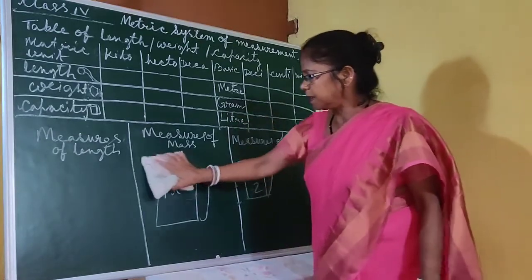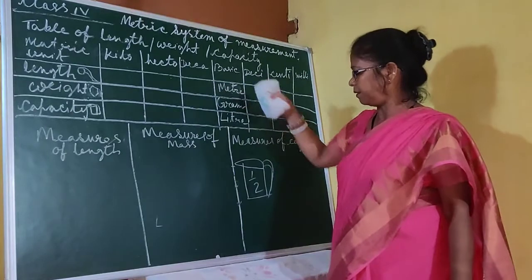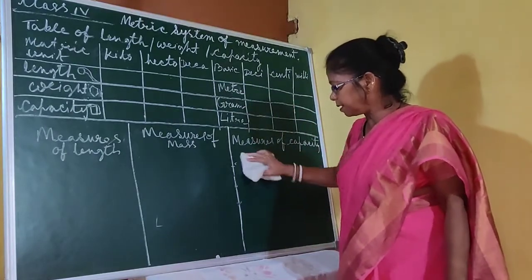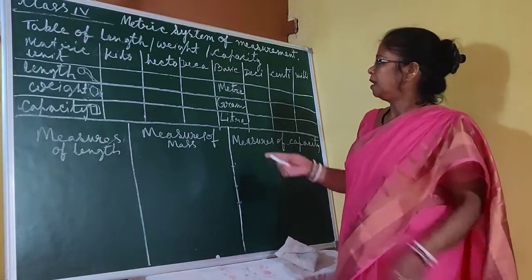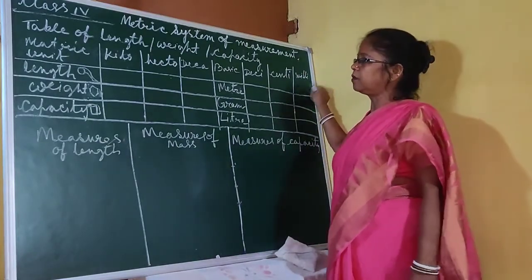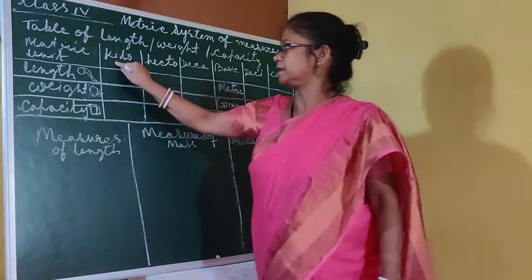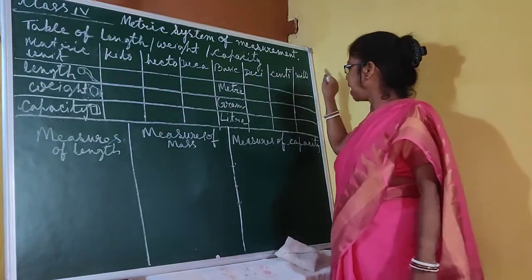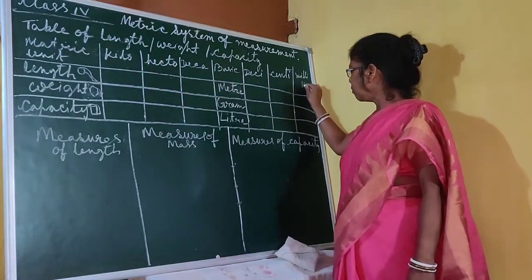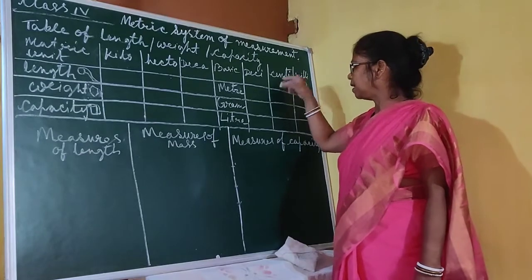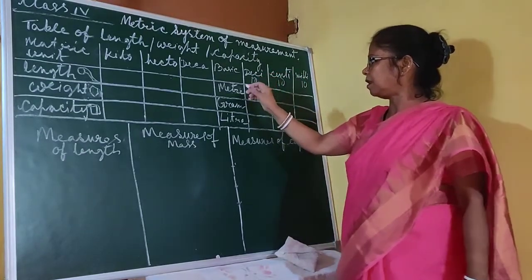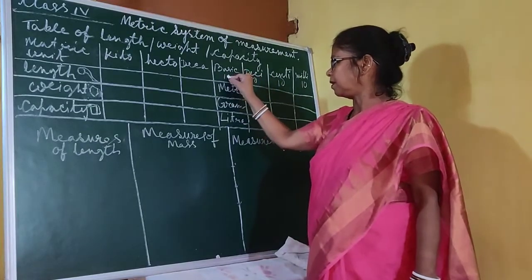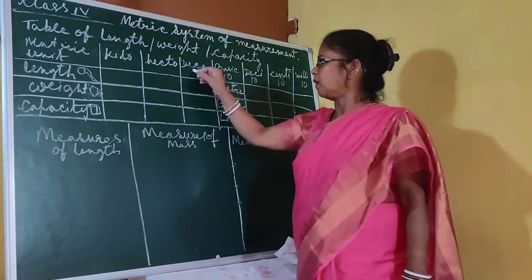So on this line I will write the 3 tables. It starts from here. It is the lowest and it is the highest. So multiply: 10 millimeter, 1 centimeter. 10 centimeter, 1 decimeter. 10 decimeter, 1 meter. 10 meter, 1 decameter.